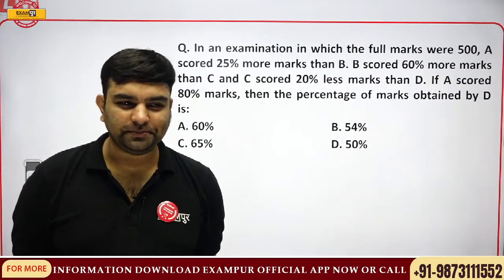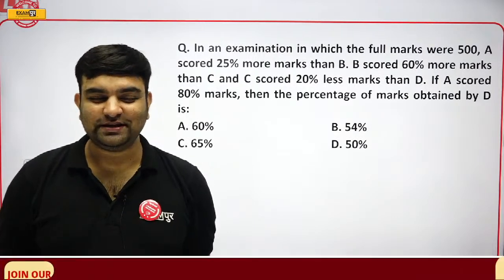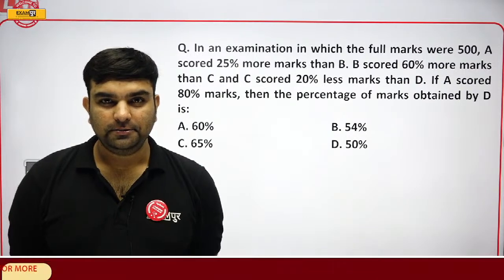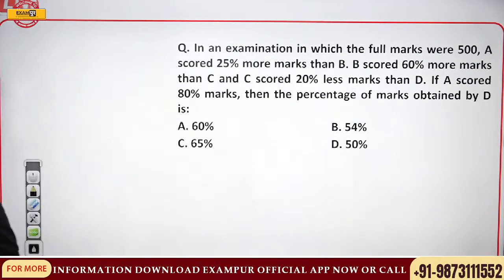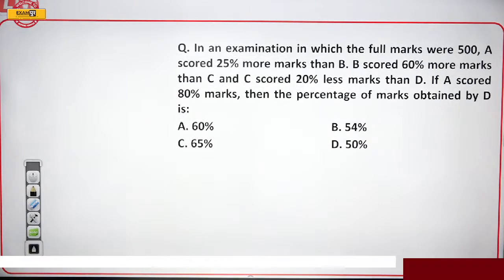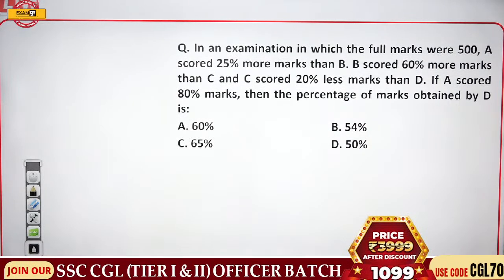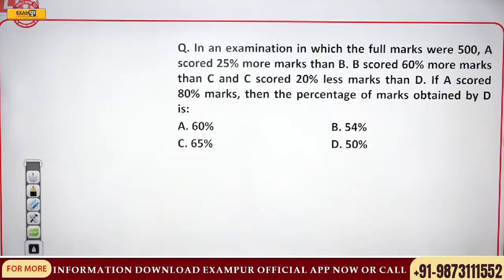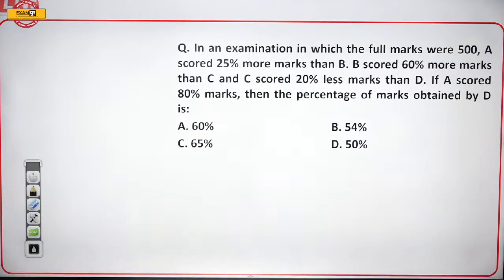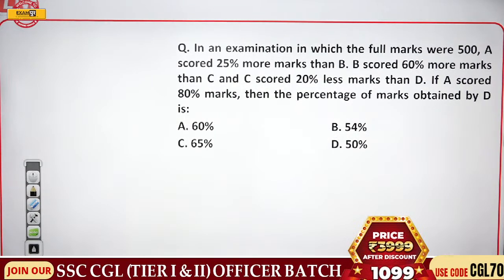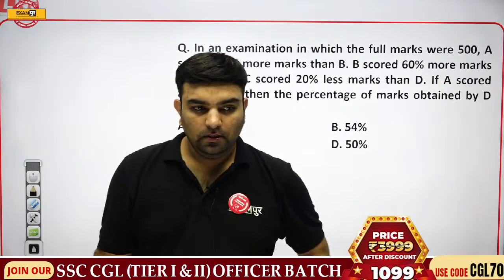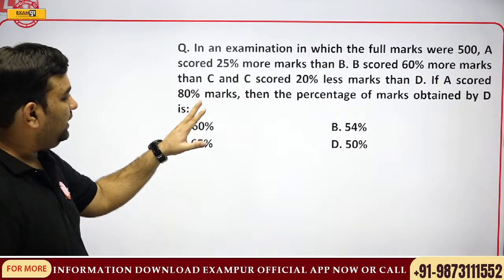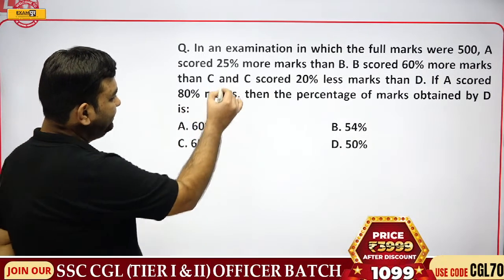Guys, you have to process the information. A scored 25% more than B.